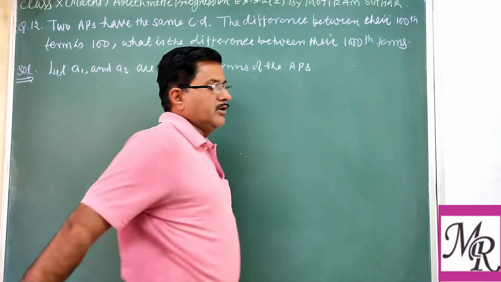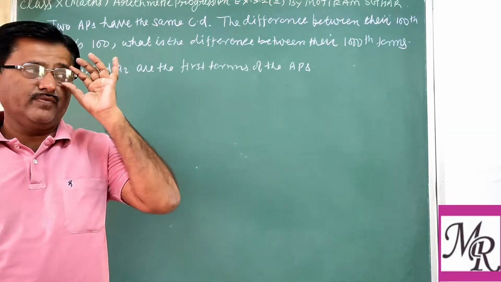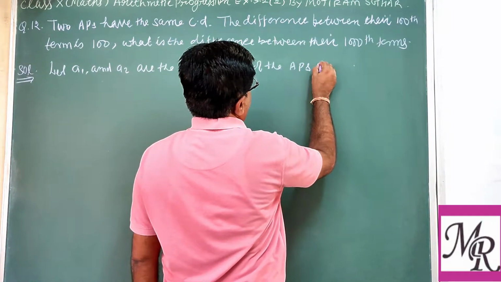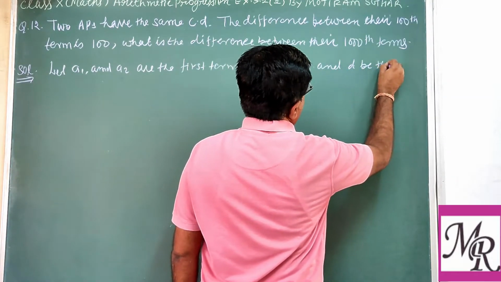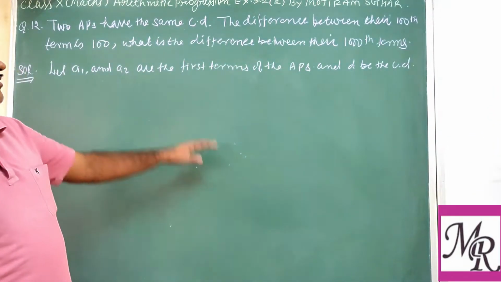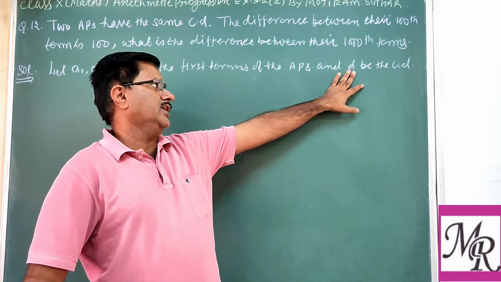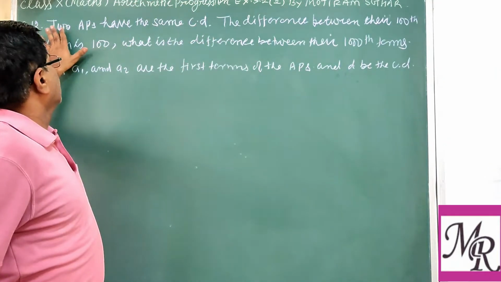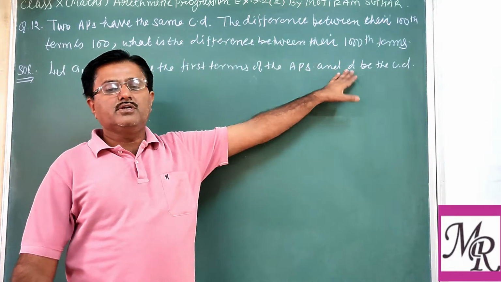For the given two APs, we suppose their first terms are a1 and a2, and their difference is the same. That's why d be the common difference. Now this is same for both APs. First AP common difference is d, and second AP common difference is also d, because it is already given that the two APs have the same common difference, and that is suppose d.